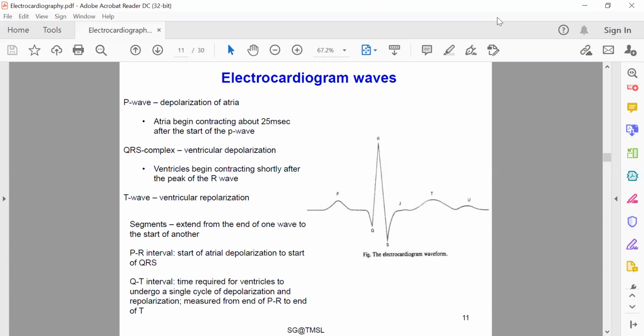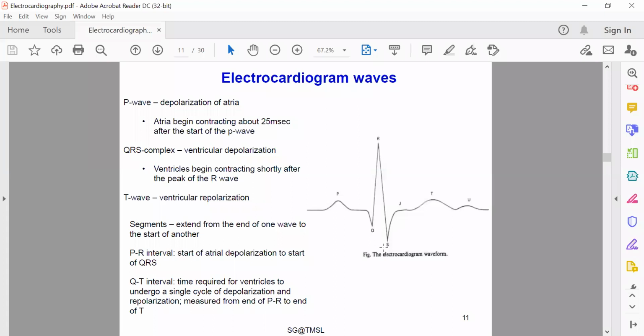Okay, so next is the electrocardiogram waves. This figure shows the ECG or electrocardiogram waveform as it appears when recorded from the surface of the body. Alphabetic designations have been given to each of the prominent features.